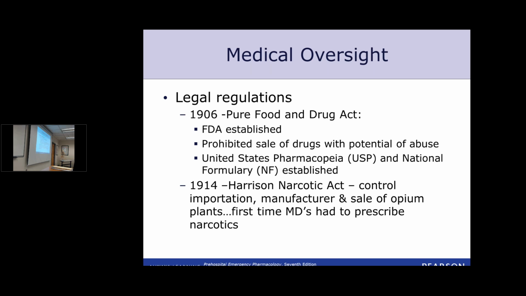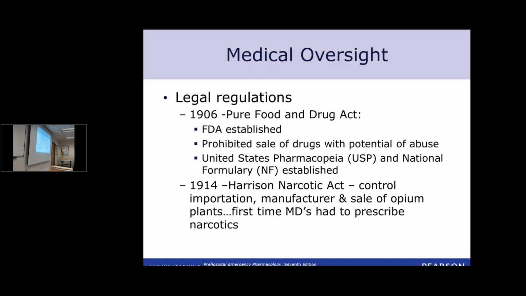Also out of this was the prohibited sale of drugs with potential of abuse, i.e. narcotics. Anytime you're seeing potential abuse, we're talking about narcotics. Prior to that, there was no standardization of each drug and what it did. The other thing that was developed in 1906 was what I already told you about, the official standard the FDA uses for approval of each drug.